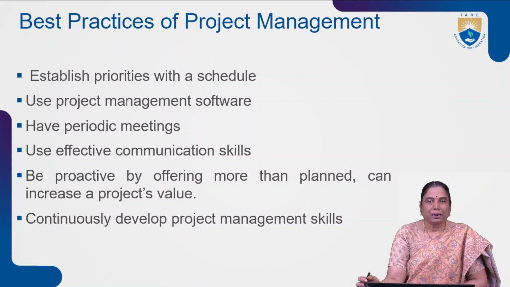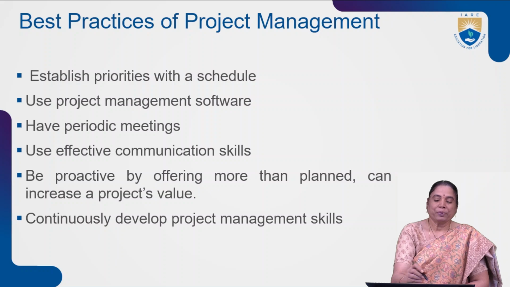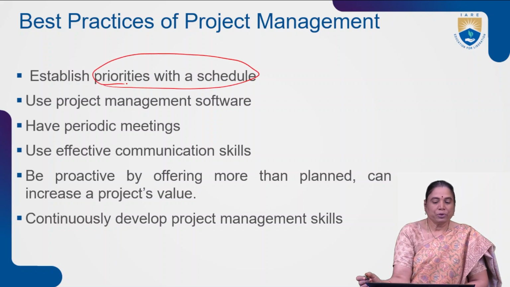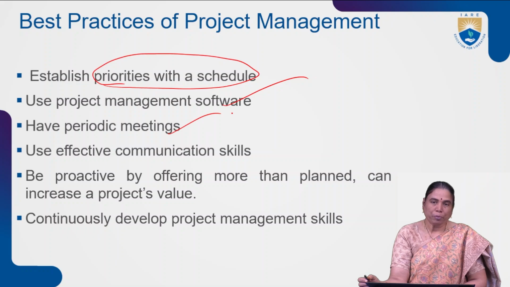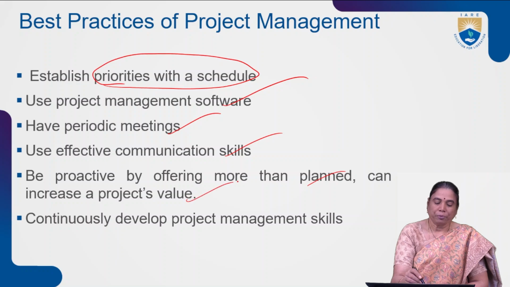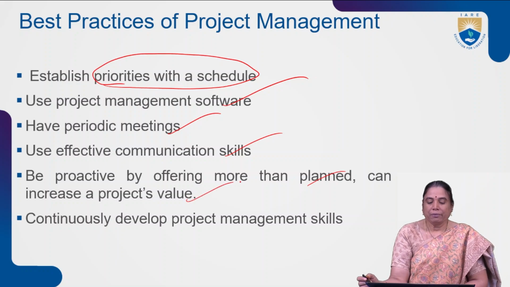The best practices for project management are: establish priorities with a schedule and use project management software. Have periodic meetings in order to review the progress. Use effective communication skills. Be proactive, since offering more than planned can increase a project's value. Continuously develop project management skills.